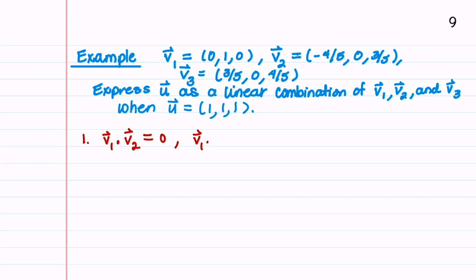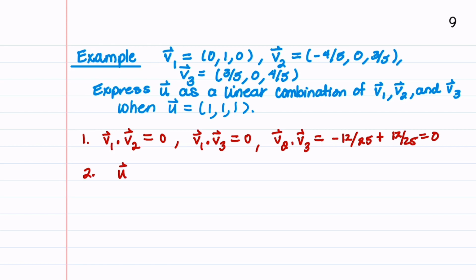We compute v1 dotted with v3, and we again get 0. And then lastly, we compute v2 dotted with v3, and for that one, we end up with minus 12 over 25 plus 12 over 25, and that one is also equal to 0. So that means our vectors are orthogonal, and we can use this easier way to write u as a linear combination of those vectors.